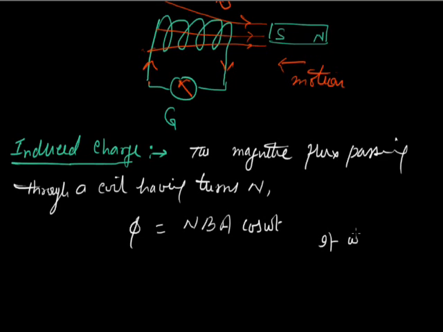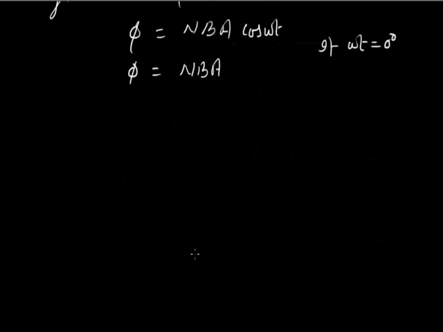If omega t is 0 degrees, then phi will be N B A. We can also write that the value of E is d phi upon dt. Here E is the induced EMF.